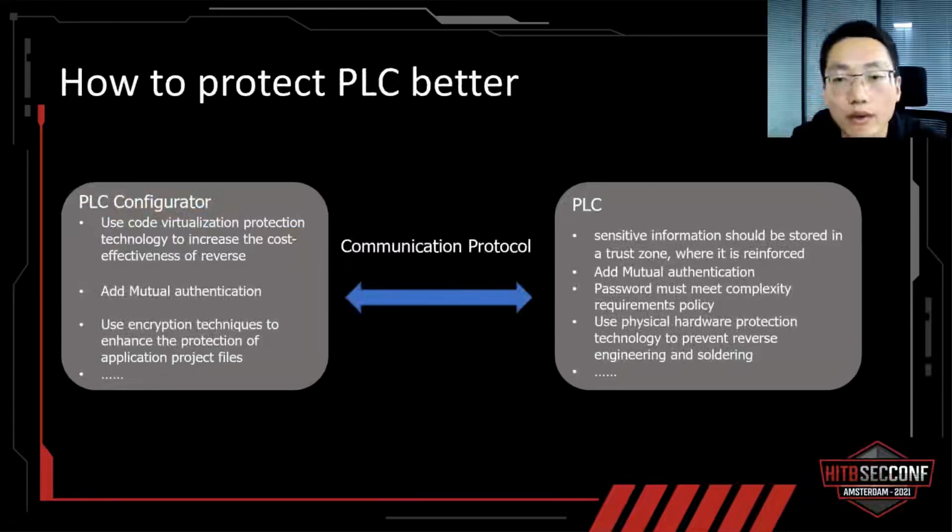So far, we have covered several access protection faults and ways to break the protection mechanism. But as PLC manufacturers, how can we enhance the access protection security features to prevent such attacks? Let's start by looking at ways to enhance security from the configuration software.